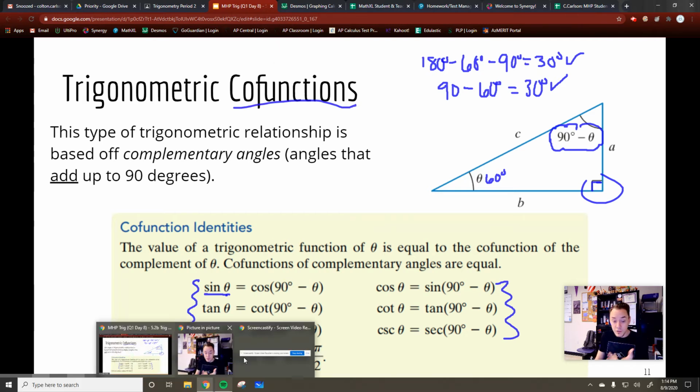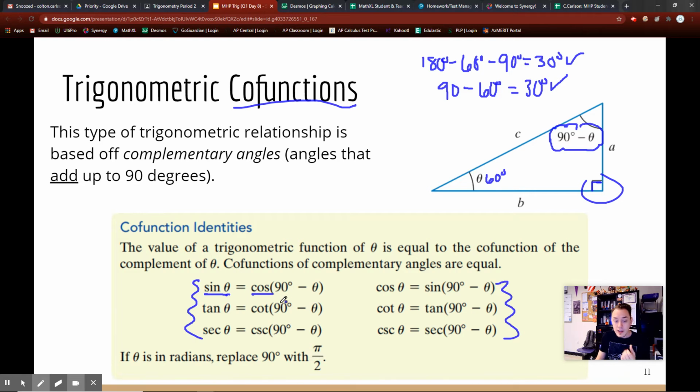Its co-function is cosine because in the Latin, the Greek, sine basically means angle, and cosine means co-angle, co-function, right? So this is my formula. If I don't have degrees, I'm going to replace 90 degrees with radians pi over 2, because pi over 2 radians is the same thing as 90 degrees.